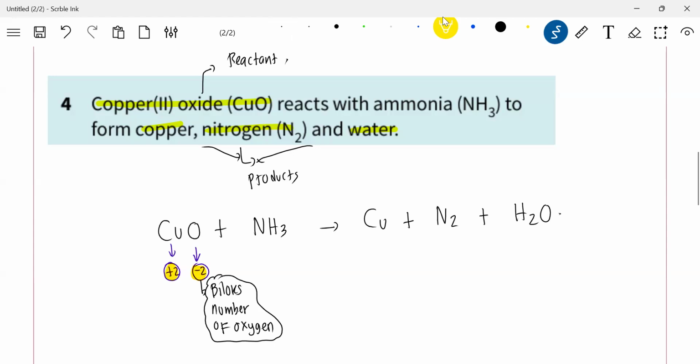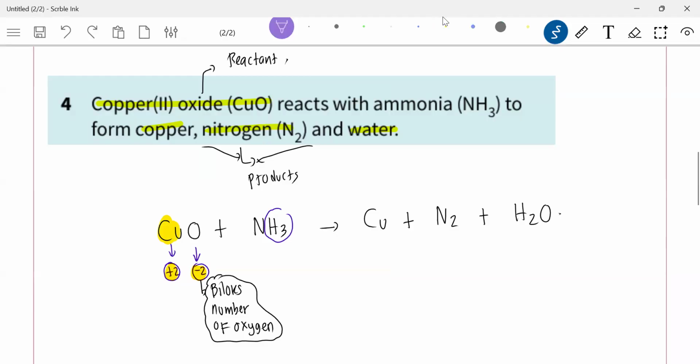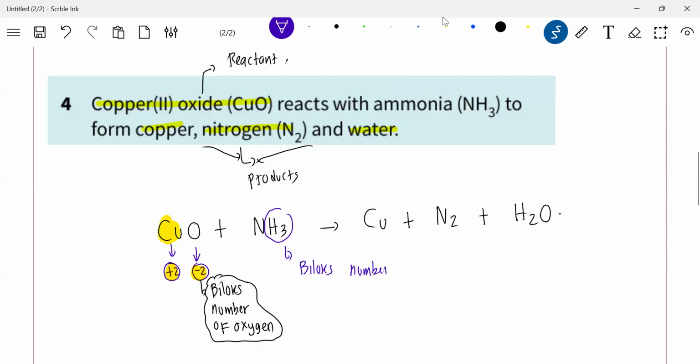And then for nitrogen, how to know, sir? Take a look, for hydrogen is 1, always 1, sir, yes. So the oxidation number for hydrogen is 1. So 1 times 3, of course 3.